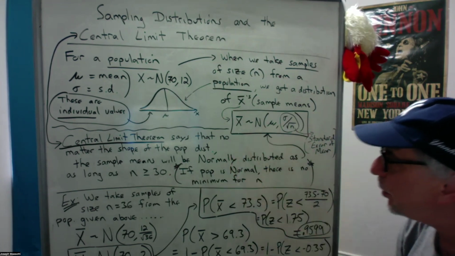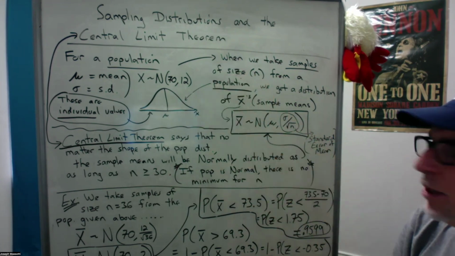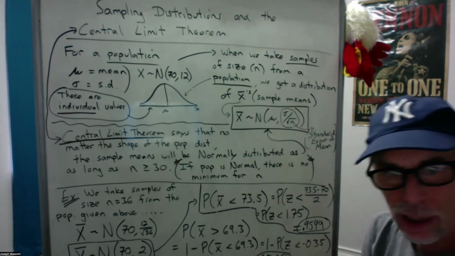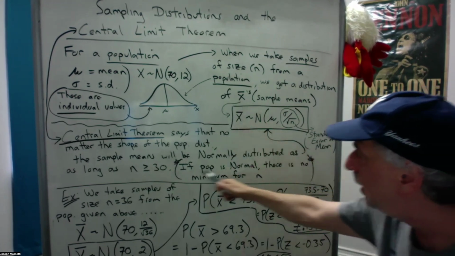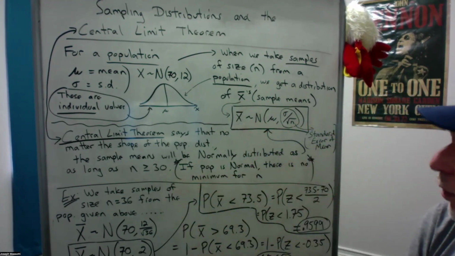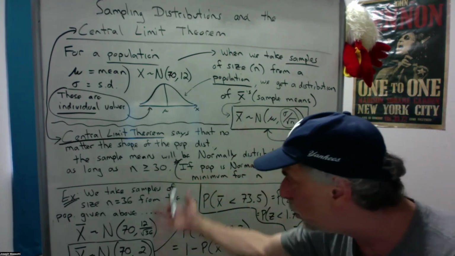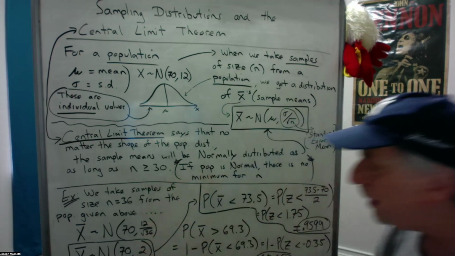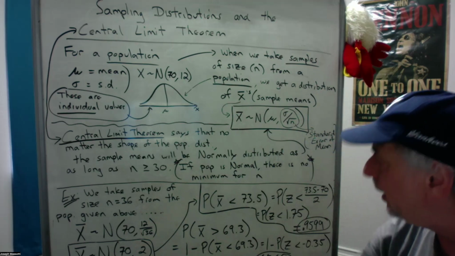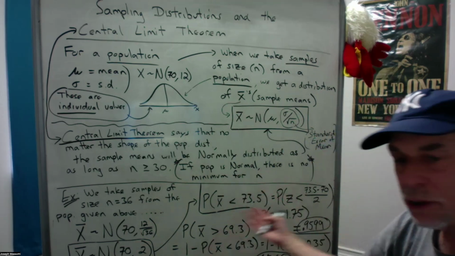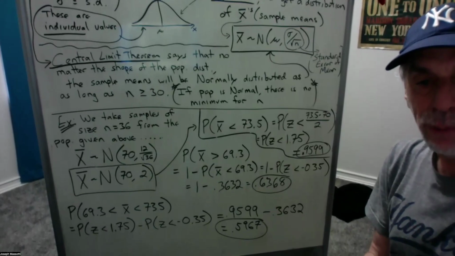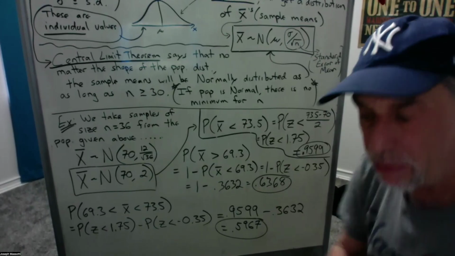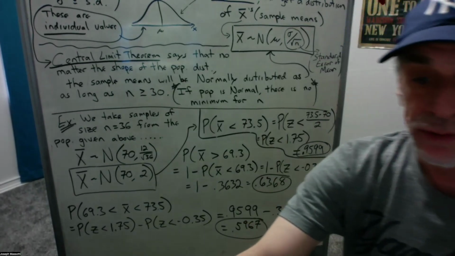The central limit theorem tells us the population distribution does not have to be normal as long as the sample size is greater than or equal to 30. And once we have that information, we take the population, we look at the distribution of the sample mean, and then we can ask probability questions about the sample mean, just like we asked probability questions about the individual observations.